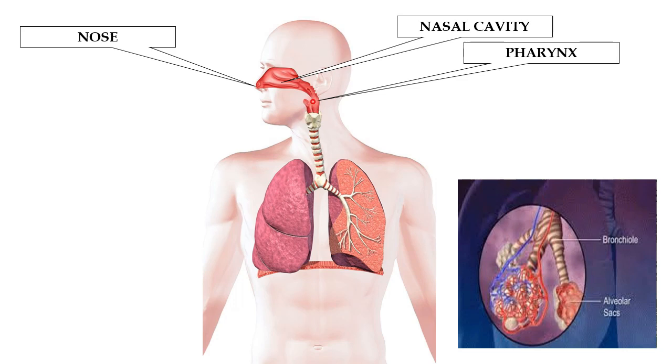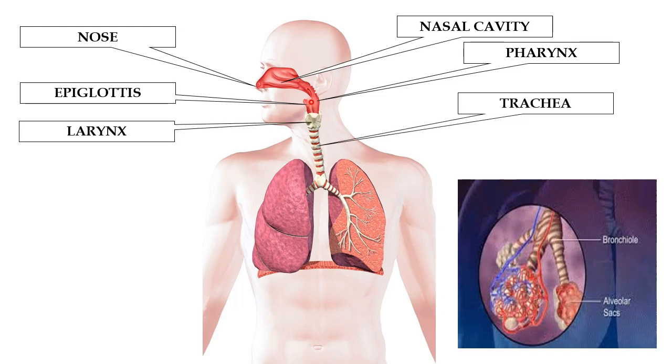Then, what happens next? Of course, there are times that our body needs to identify if it is food or air. In this case, food has to be kept out of the larynx.